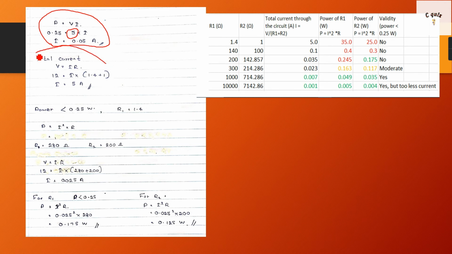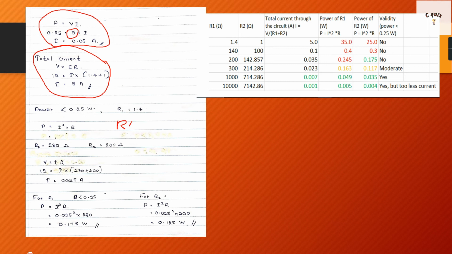But here we need to find the total current, because in the beginning we are giving 12 volt. So the total voltage is 12 volt, and it's equal to I multiplied by R1 and R2, where we consider the R1 and R2 values according to this ratio.